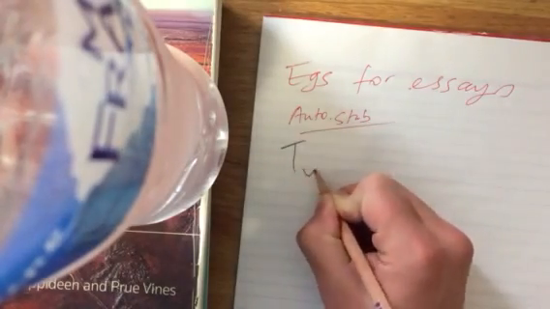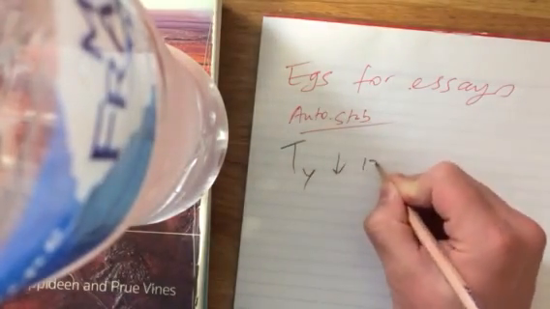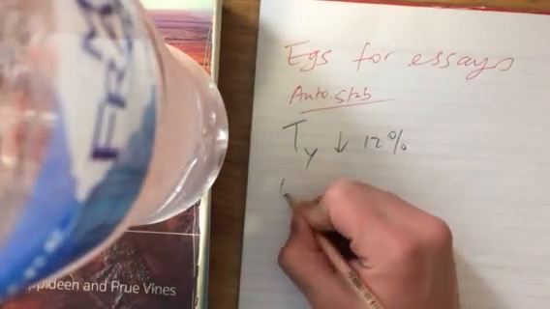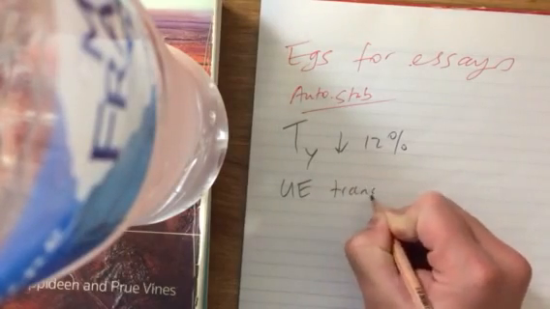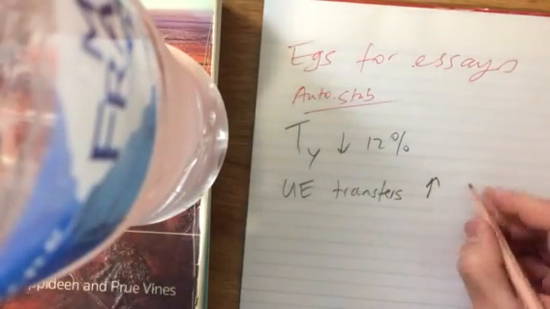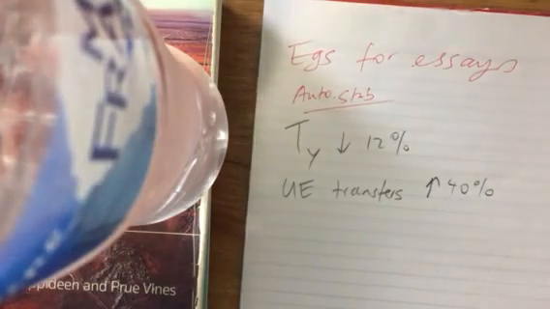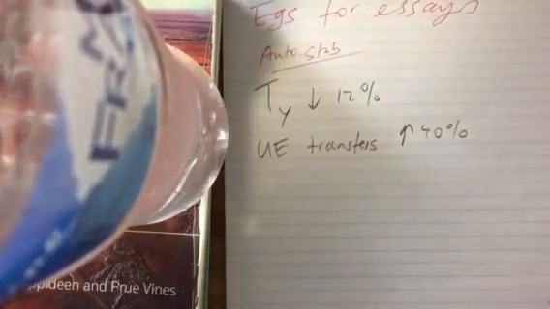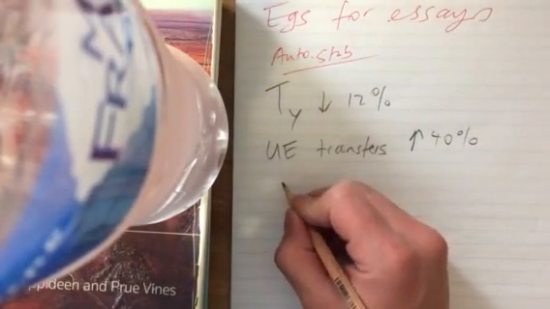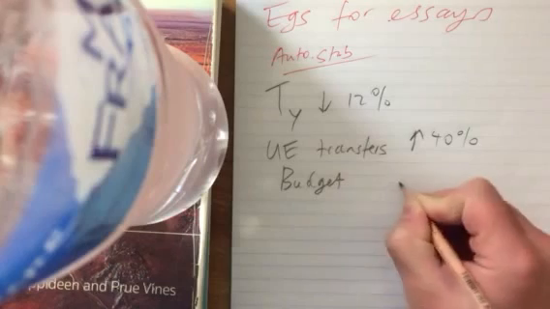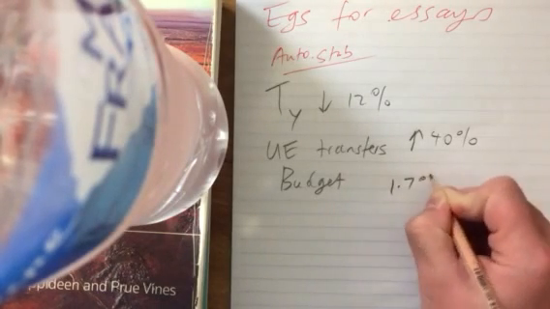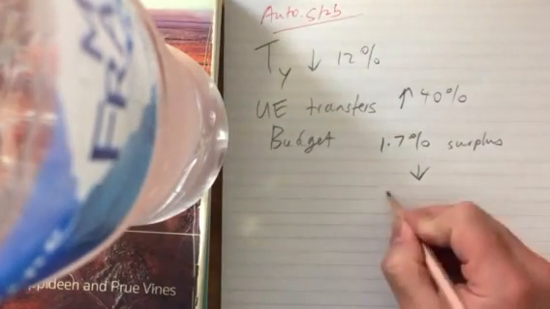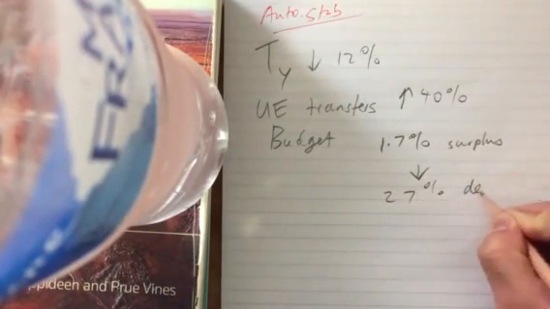So let's call it income tax decreased by 12%, while unemployment transfers went up by 40%. They went up by 40%. So this allowed the budget to go from a surplus of 1.7% surplus to a 2.7% deficit.